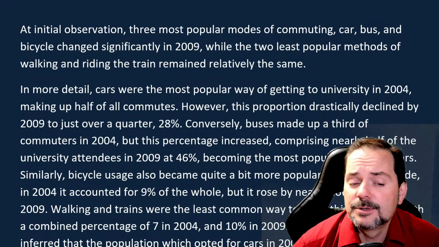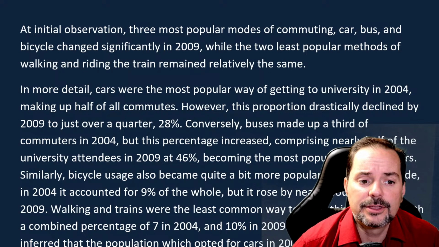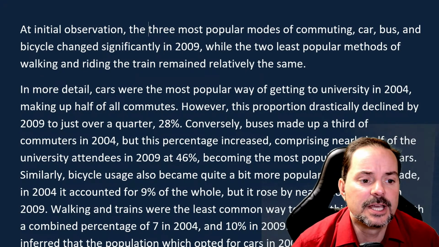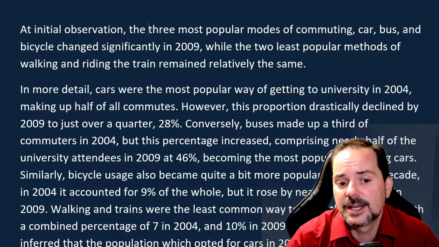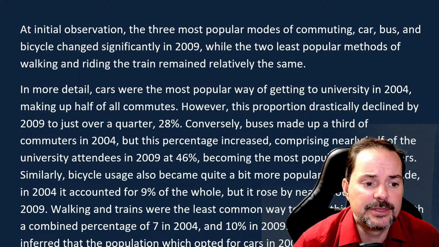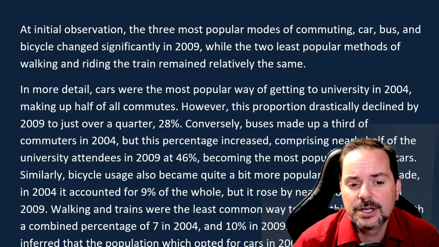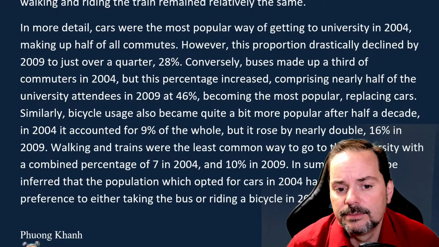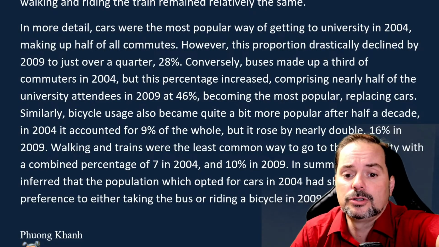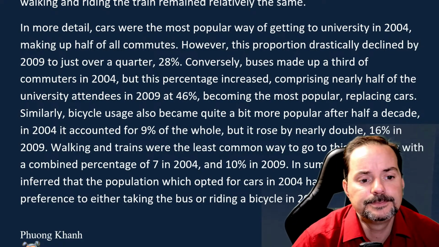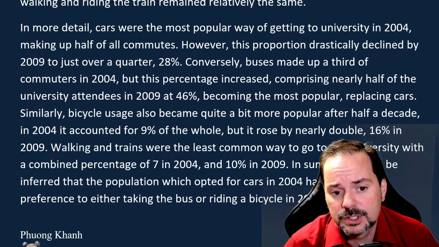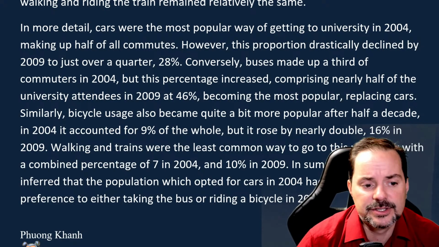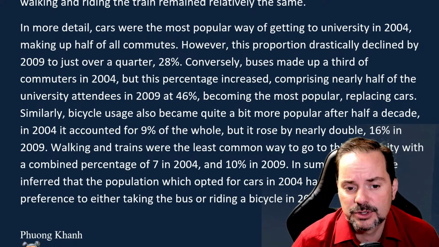At initial observation, the three most popular modes of commuting, car, bus, and bicycle, changed significantly in 2009, while the two least popular methods of walking and riding the train remained relatively the same.